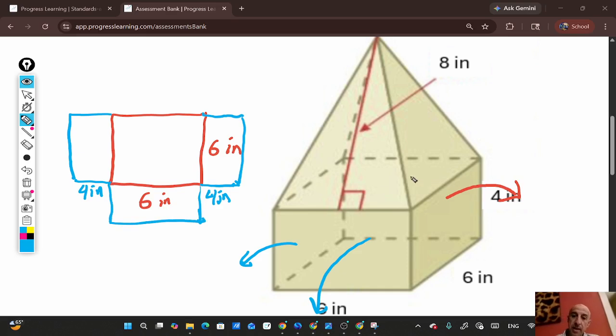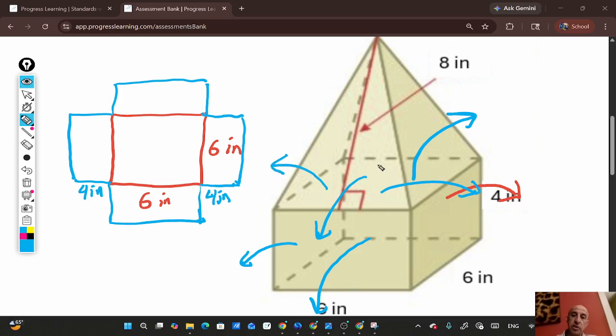Now in the back, we have another face, so we can open it to the back like this. If we open the box, we can reach this side. Now the top, we can put it in any direction. We can open the top to this direction, or this direction, or even to the back. It doesn't matter.